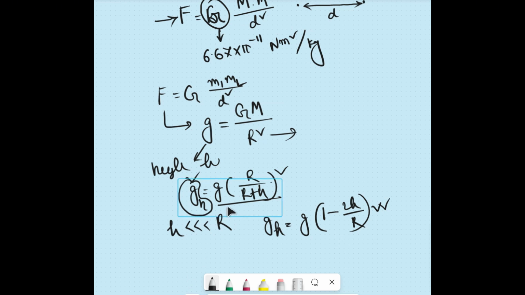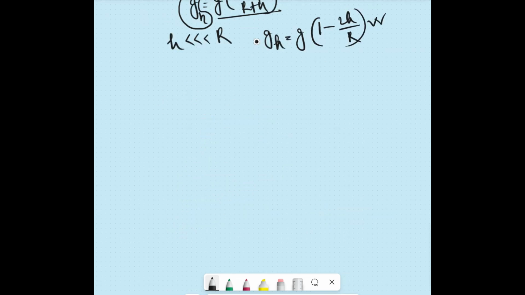So from the chapter we already have three equations: one is the force F, another is the acceleration due to gravity, and another is for calculating the acceleration due to gravity at some height. Now, if you'd like to calculate the acceleration due to gravity at a depth somewhere inside the earth, the equation is g times 1 minus d over r.